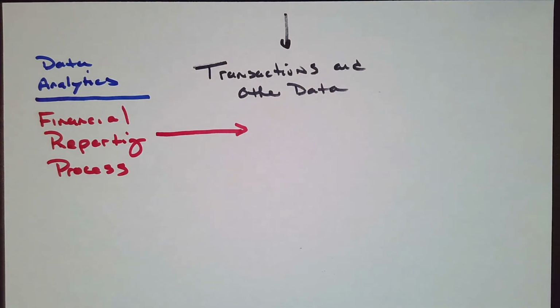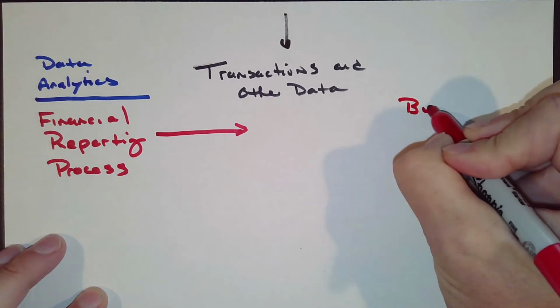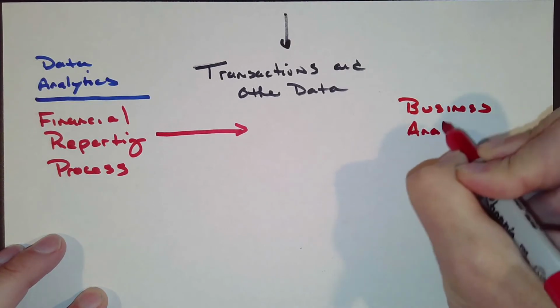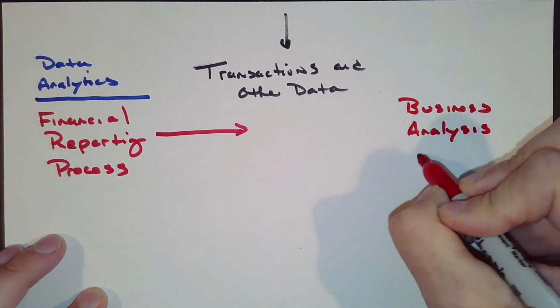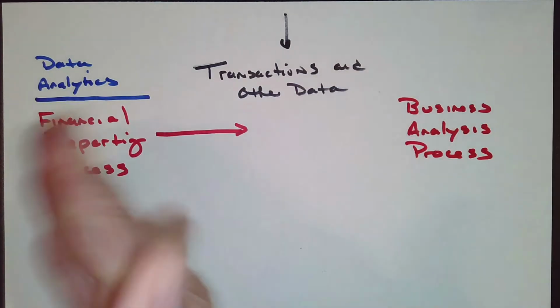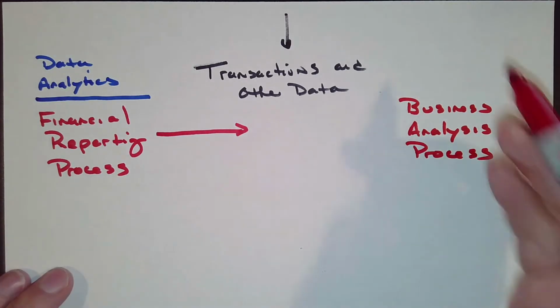But this class is beyond just financial reporting. So I put in another group, business analysis. Maybe they are using some of the transactional data, but they're probably using other things.